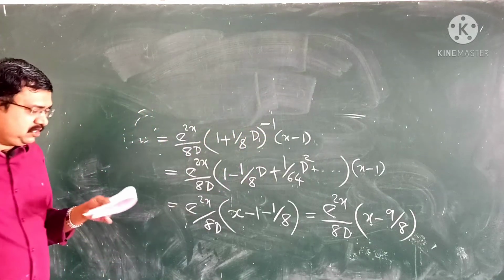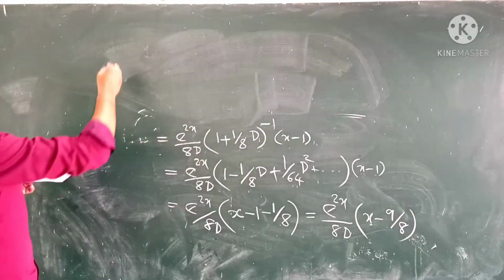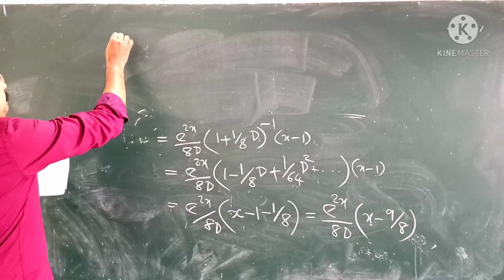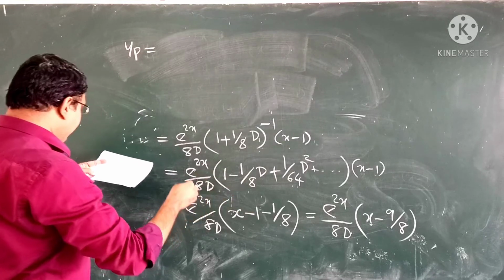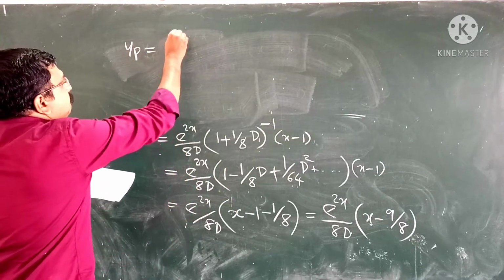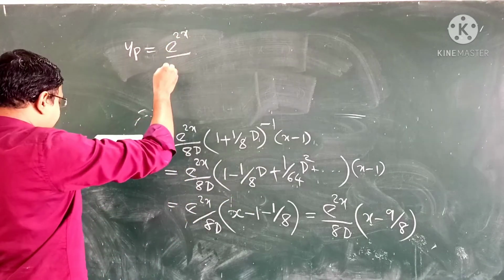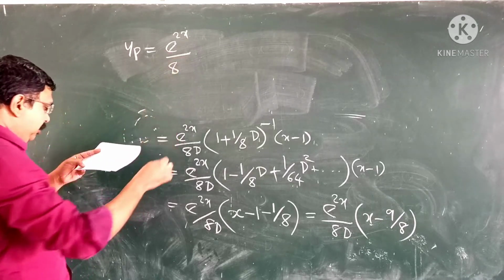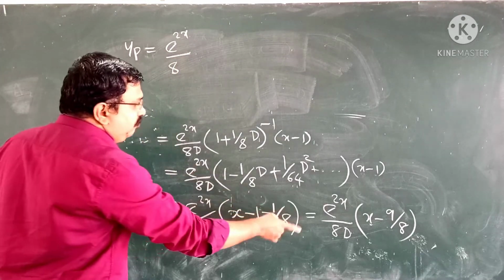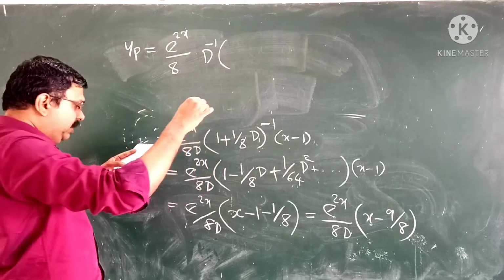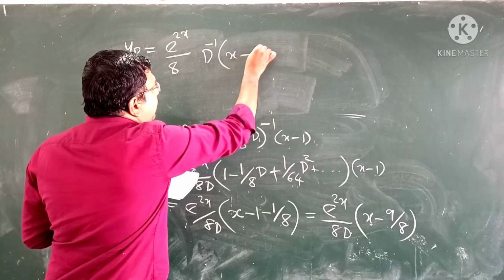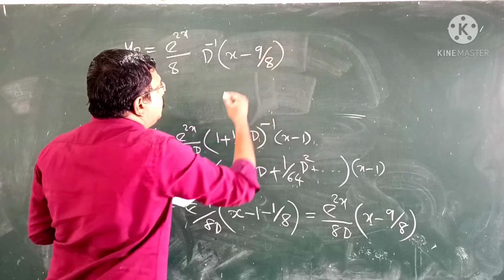Then on the next step we can write yp equal to e^(2x)/8 into D⁻¹ of x − 9/8.